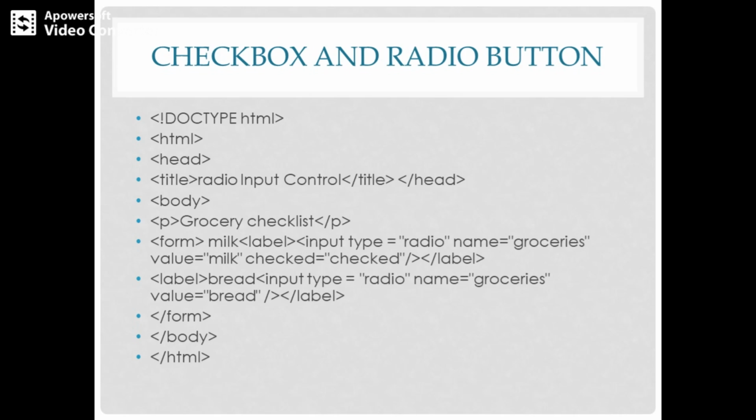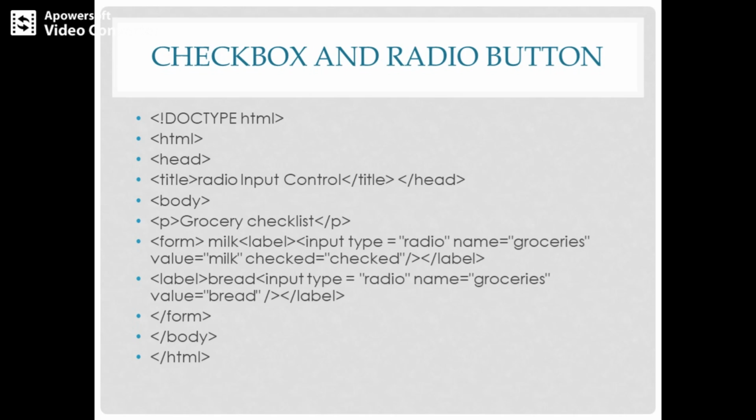Every checkbox button requires a name attribute along with the value attribute in its input tag. As we have seen here, along with the type, that is radio button, whatever input it takes is in the form of a radio button, or in the form of a checkbox button.